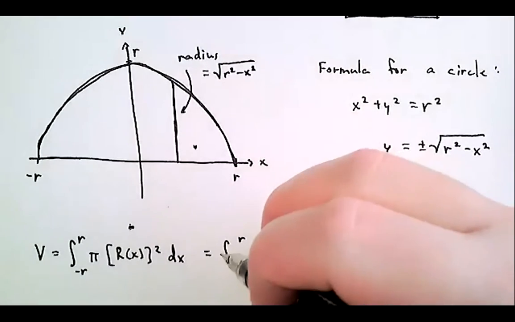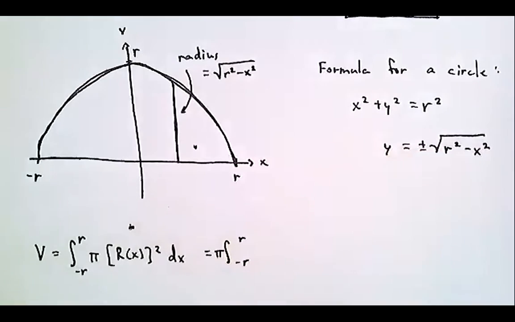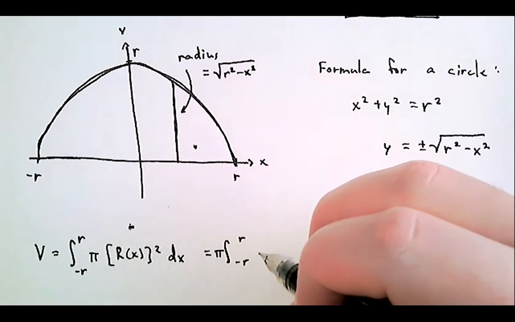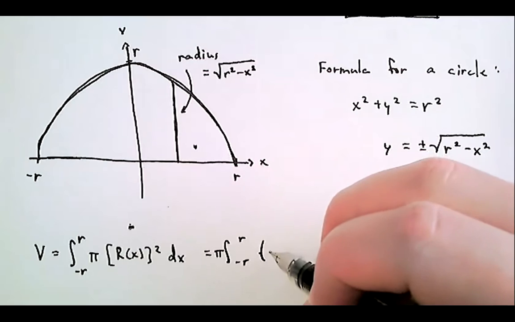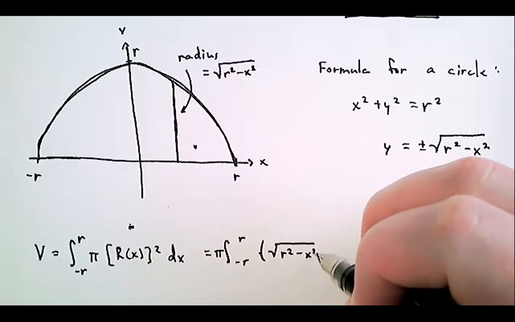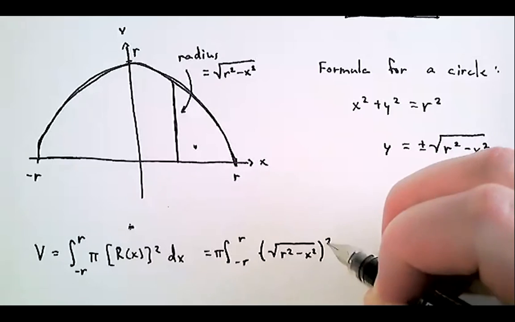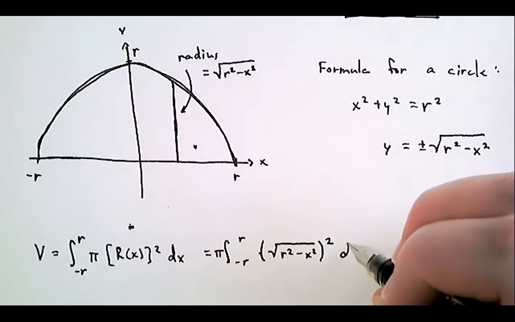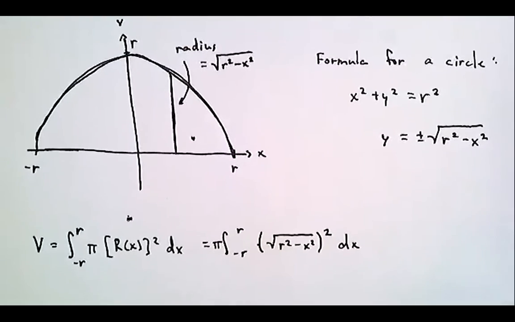Maybe we'll go ahead and move the pi to the front. And then put in the radius, r squared minus x squared. And conveniently, this square root is going to be squared, so we won't have to deal with the square root going forward.